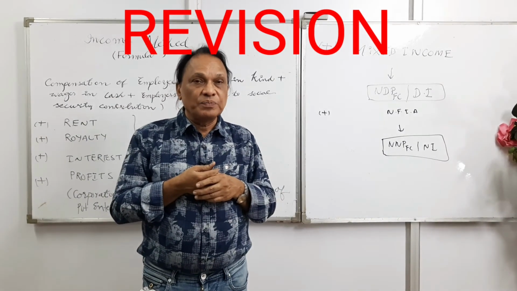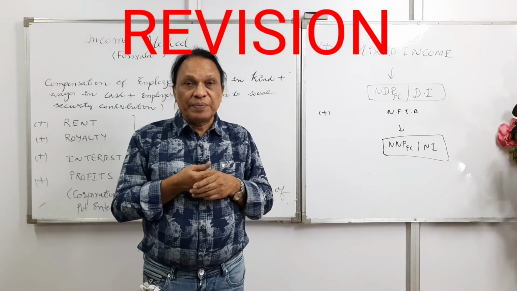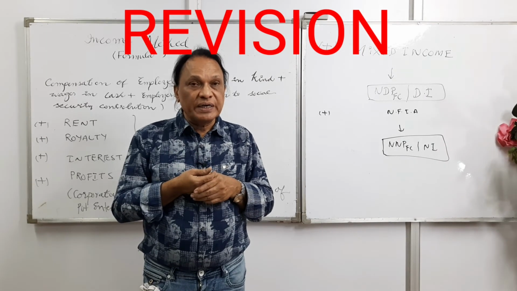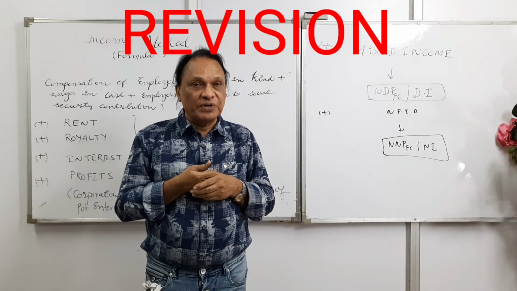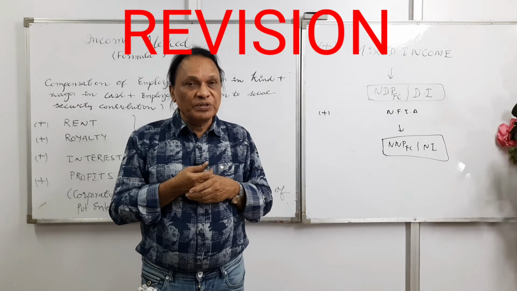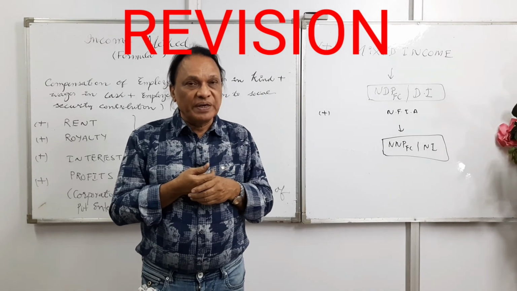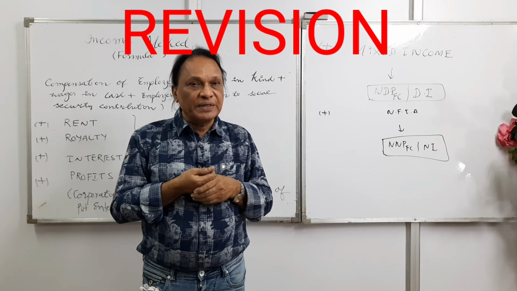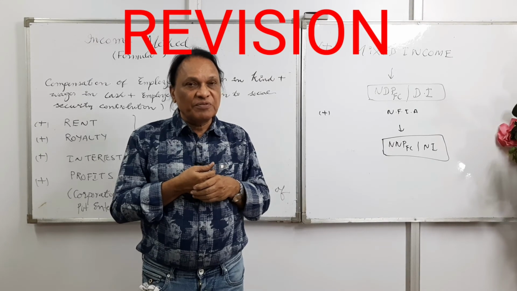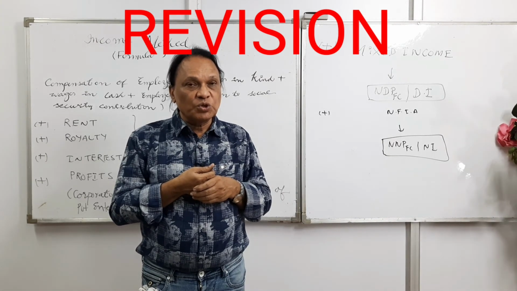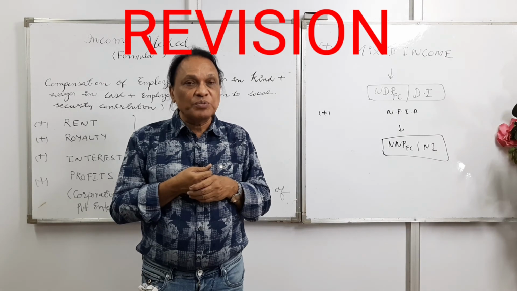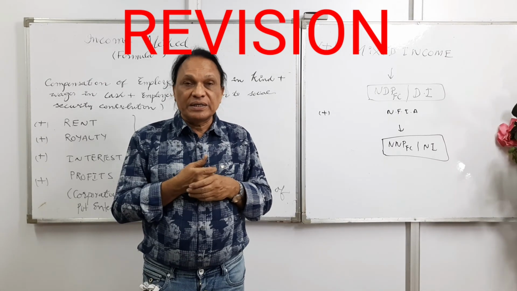That's it. When you add up all these things, you get domestic factor income. To this you add NFIA, you get national income.